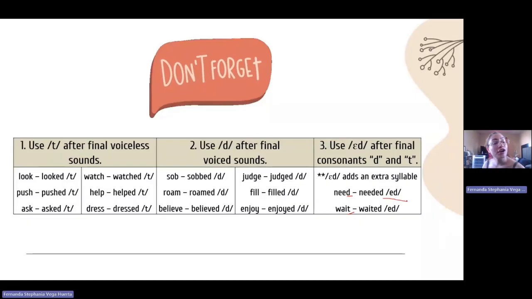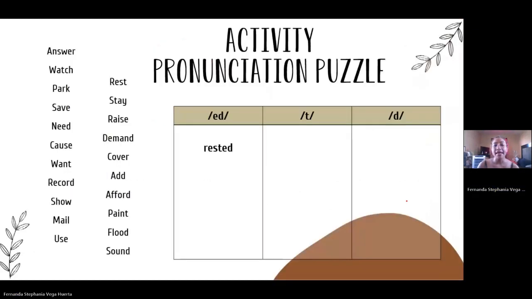So in order for you to practice a little bit more of these phonemes, I have this exercise right here. In pairs or in teams of three, you're going to change these verbs into past. Obviously, they're regular verbs, so you only have to add the ed to them. Once you finish that, you're going to put them into the column where you think that verb is pronounced.